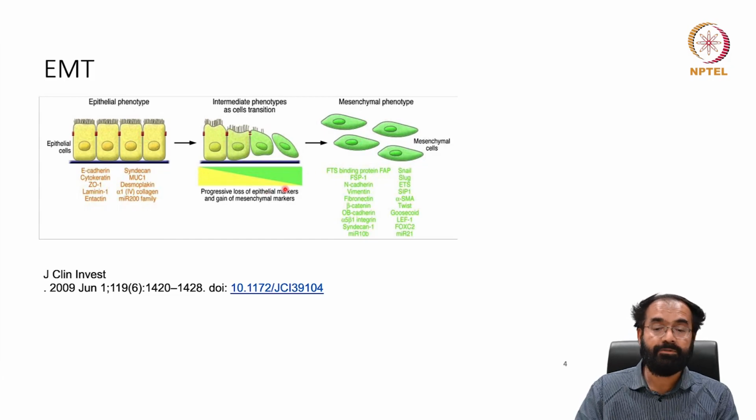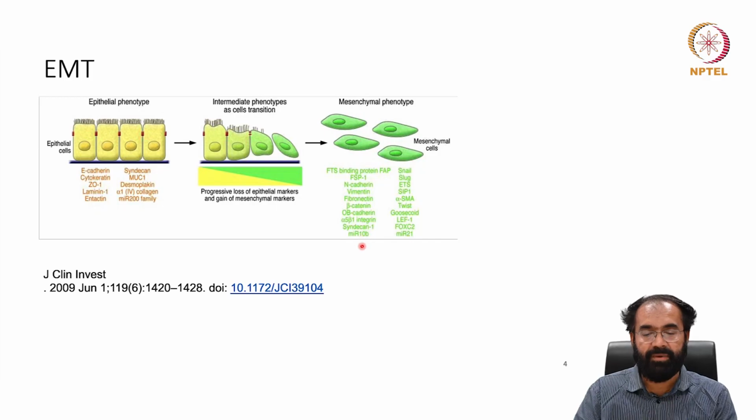And the mesenchyme specific phenotype markers are mentioned here. That is N-cadherin, vimentin, fibronectin, beta-catenin, and OB-cadherin, etc. You can see MIR10B. Here it was MIR200, and MIR200 is lost, and MIR10B, which is a microRNA, starts expressing.